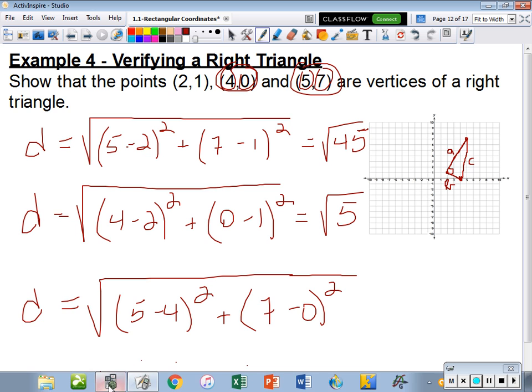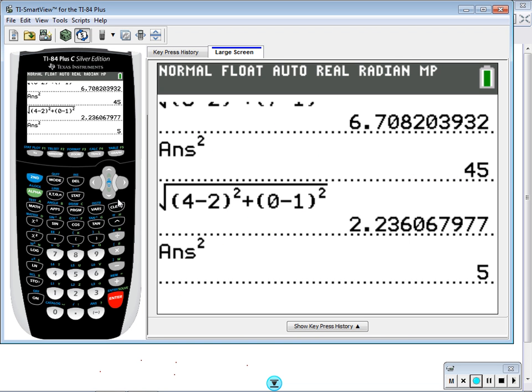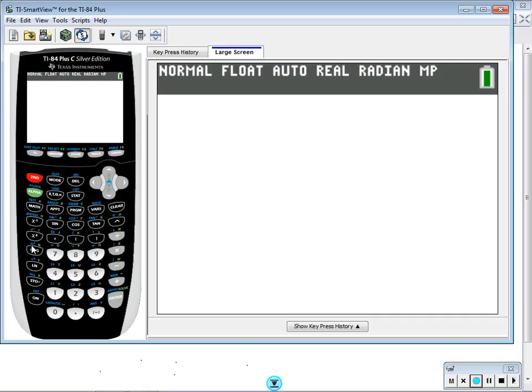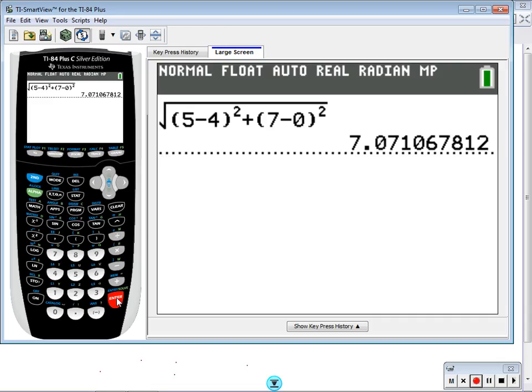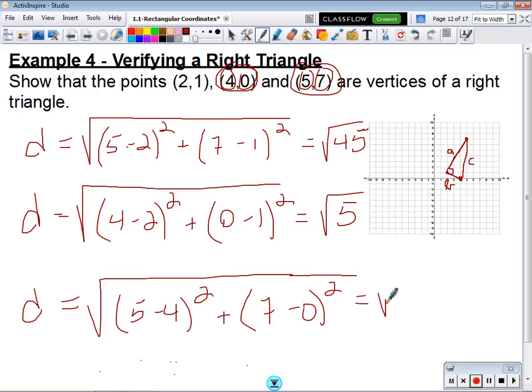So I have the square root of parentheses 5 minus 4 squared, plus parentheses 7 minus 0 squared, which we know obviously is 7. This comes out to be roughly about 7.07. If I squared that, this comes out to be roughly about the square root of 50. So here's A, here's B, and here's C.